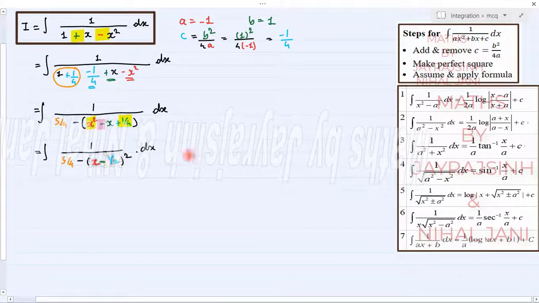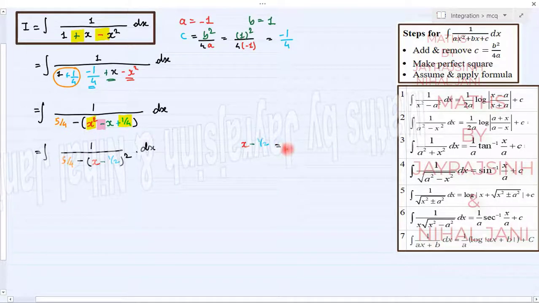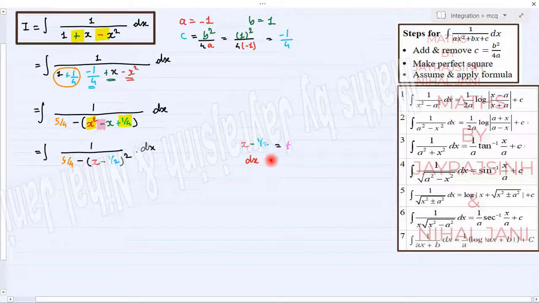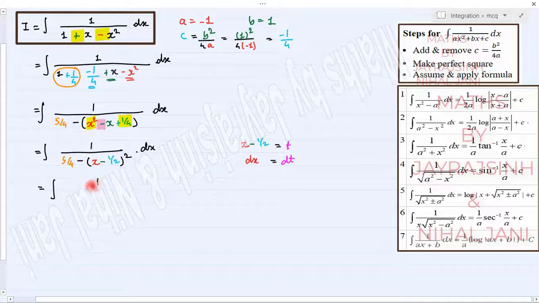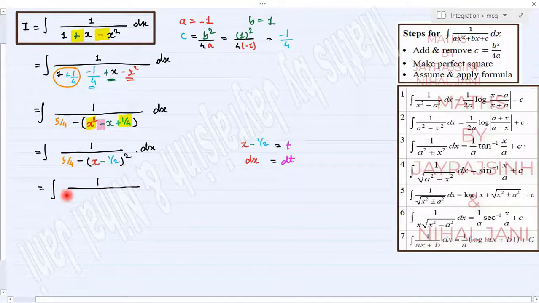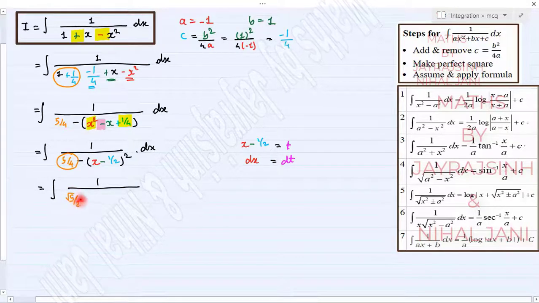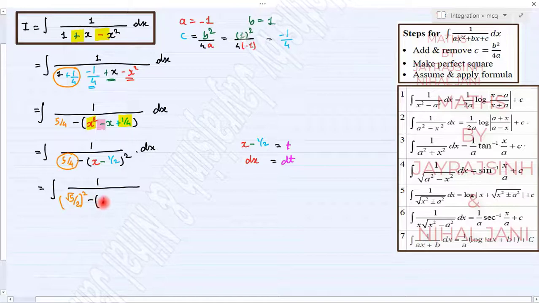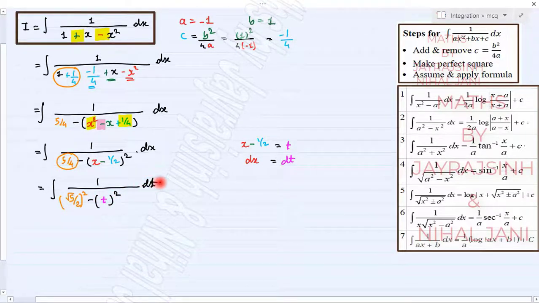Now to convert it into standard form, we have to assume our bracket is equal to t. So we will get dx is equal to dt. So our integration is converted into this: 5 by 4 can be written as root 5 by 2 the whole square minus, now your bracket is t, so it will become t square, dt.